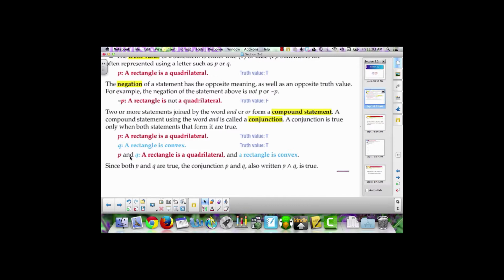We can use the word and to show that this is a conjunction, P and Q, or we can use this up caret symbol, which also means and. Since both of these statements are true, our entire conjunction is true.